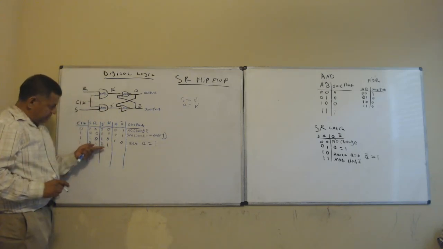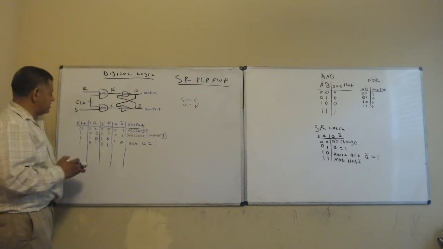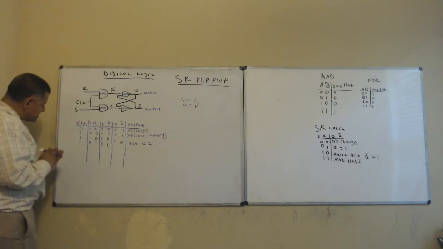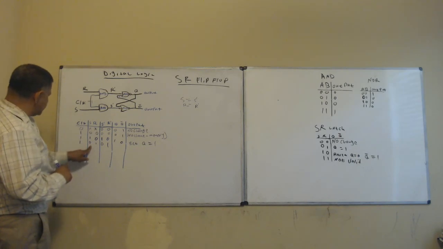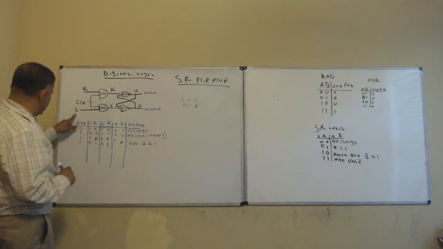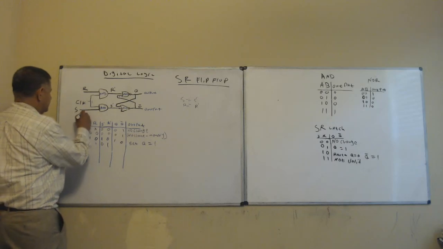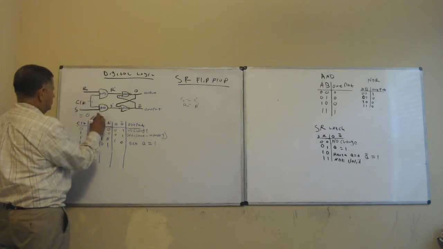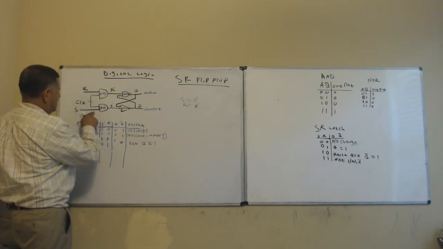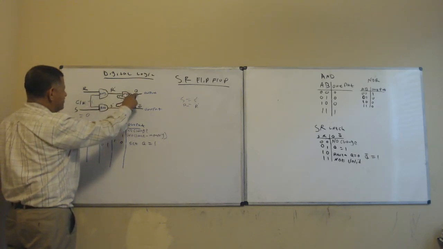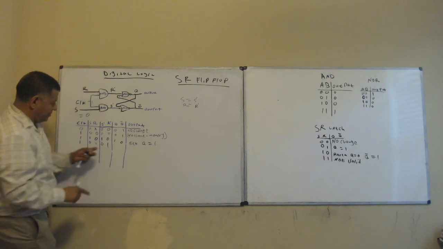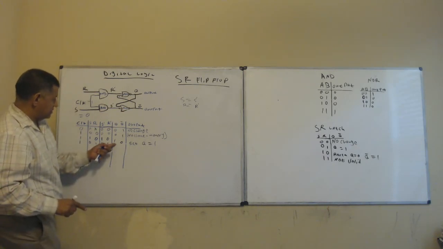Now, look at this. If we set S to 0, we had a 1 previously coming in from this guy.